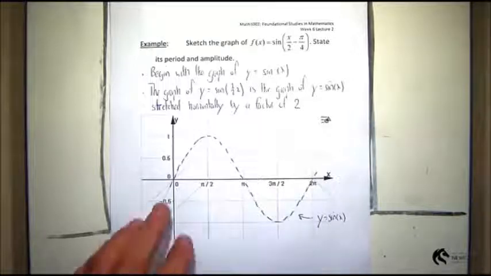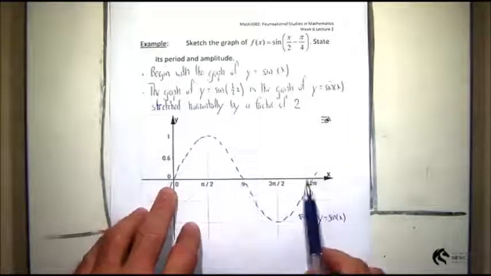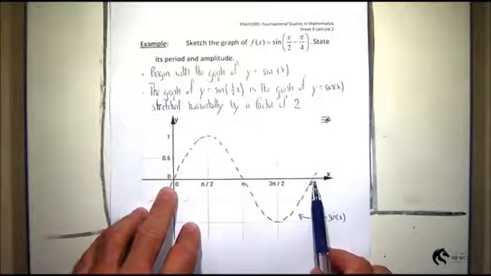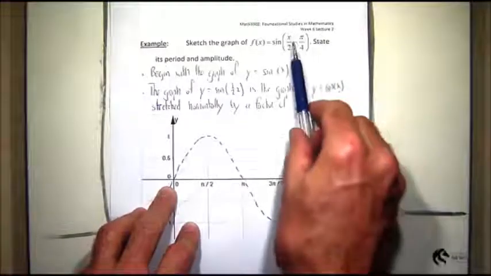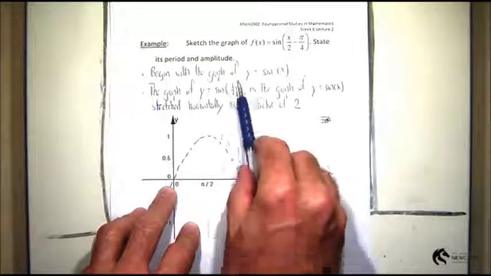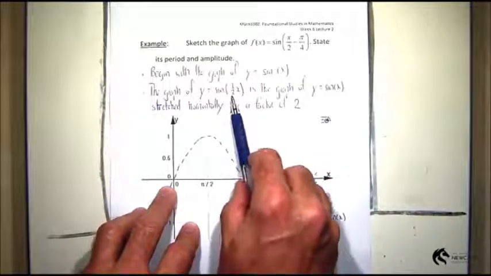For example, I know that the sine of 2 pi is 0, and so when I put 2 pi into sine a half x, I get sine of pi.